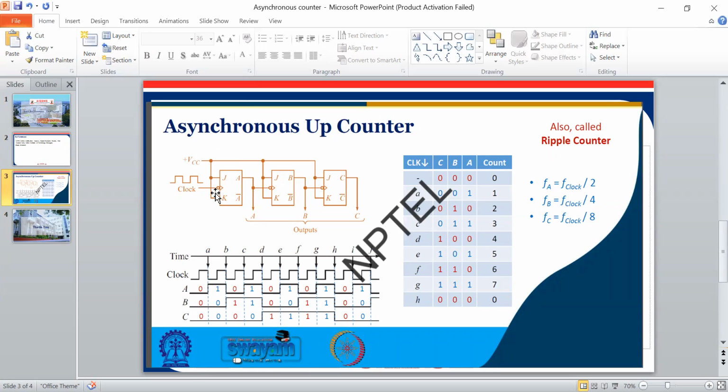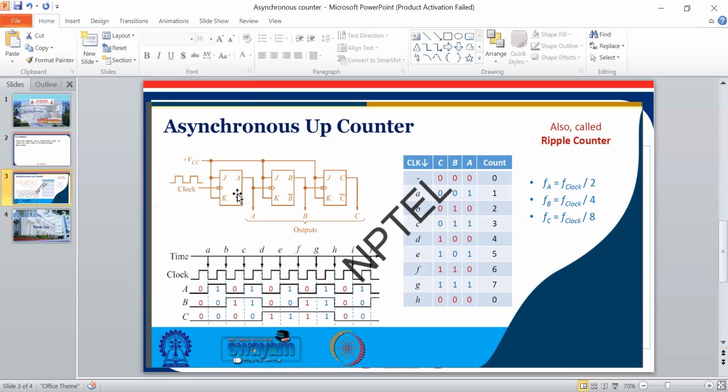And the clock given is a negative edge triggered clock. So in case of these flip-flops, whenever the negative edge of the clock will come, the output will toggle.